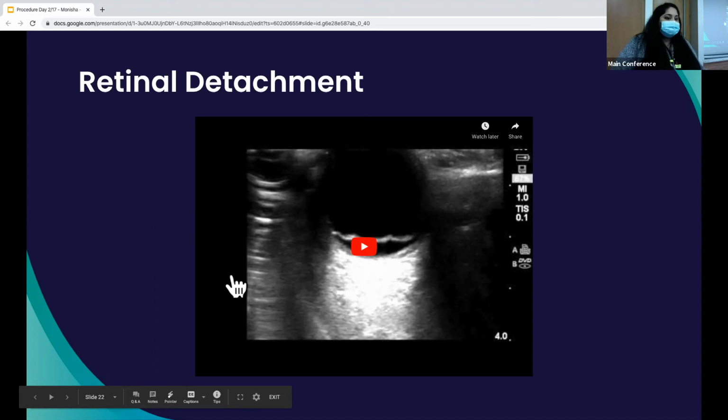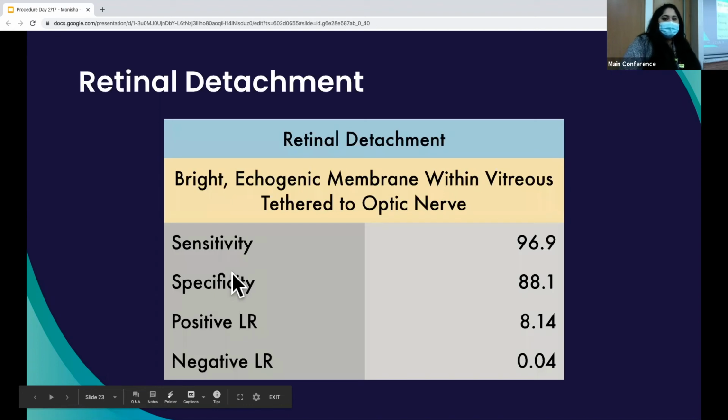Bear in mind the presentations for retinal detachment: acute onset of unilateral floaters, pinpoint flashing lights, visual loss, visual field cuts. It can be caused by trauma, but more commonly occurs spontaneously. This is from the Focus Atlas, looking at a prospective multi-center trial at 2 academic and 2 county ERs.